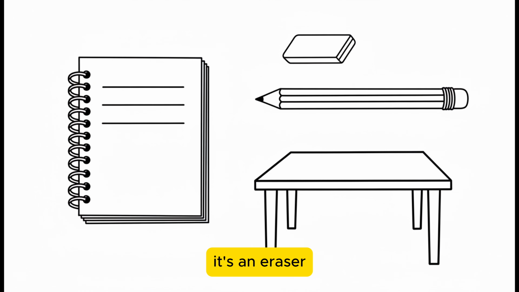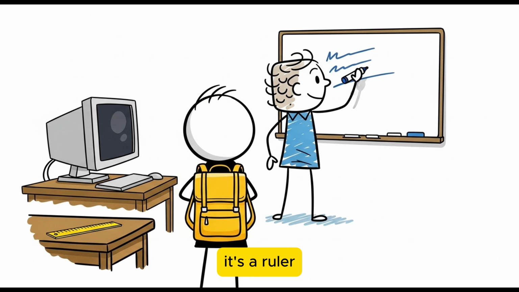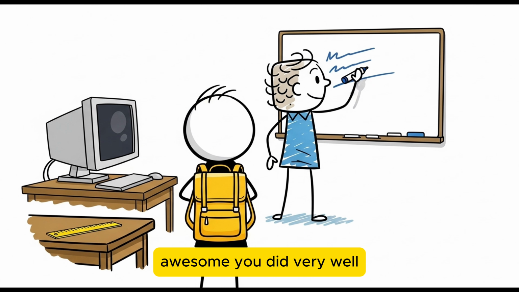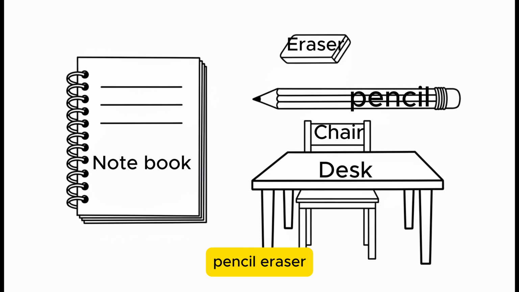It's an eraser. Excellent. It's a ruler. Awesome. You did very well. Say the words with me. Desk, chair, notebook, pencil, eraser.